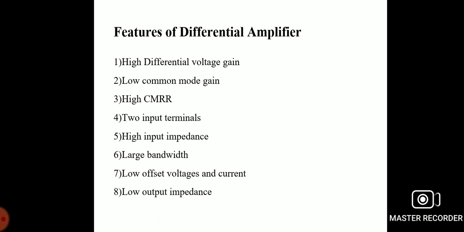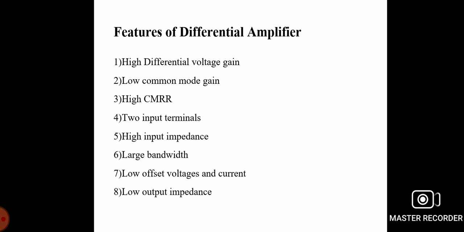It is a very big advantage of the differential amplifier. And then the ratio between the differential and common mode gain is high, that is, a high CMRR. There are two input terminals, where we apply the positive and negative, or low and high, input voltages, so a high input gain is achieved.